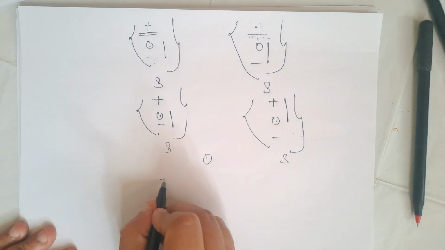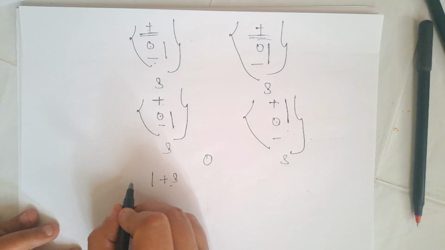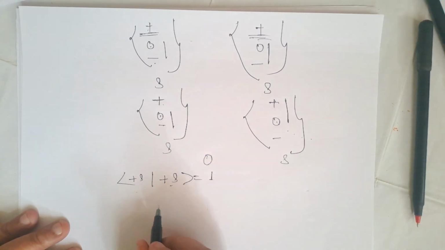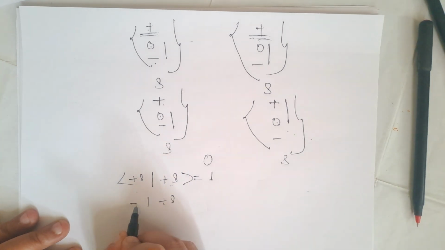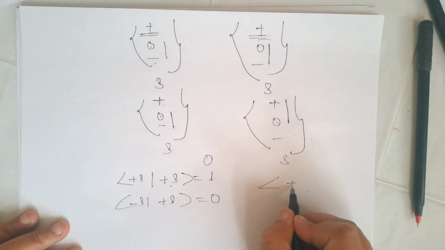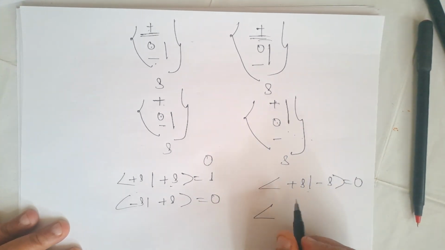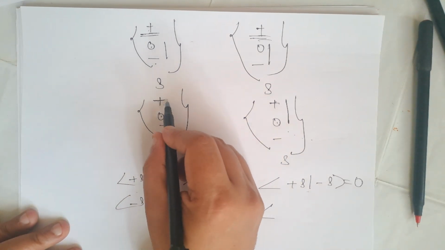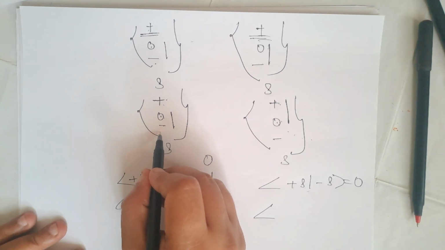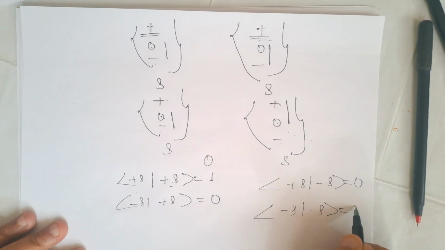So we can say that the probability of a plus S state atom ending up in the plus S state will be 1, and from plus S to minus S will be 0, or again minus S to plus S will be 0, or again if we apply the filter on plus and 0, again here plus and 0, so that the minus beam will come out, then it will be again 1.